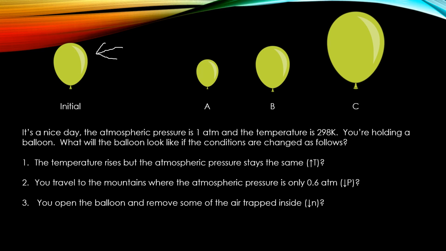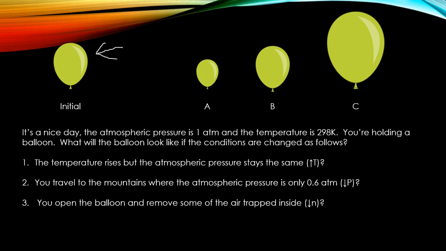All right. Third set of conditions. You start out with your initial balloon, and you open it up and remove some of the air trapped inside. So in other words, you're lowering the amount of gas inside the balloon. Well, you should know this since kindergarten, but in terms of chemistry, that means we are removing moles, and moles and volume are directly proportional.